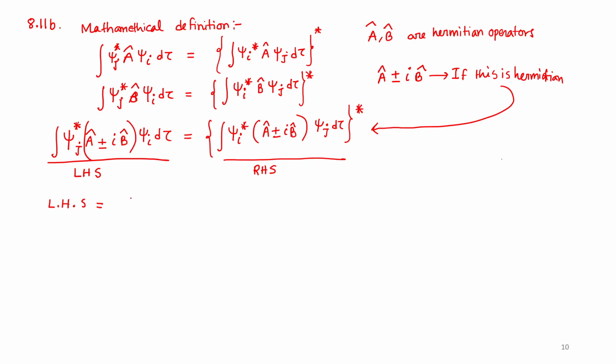This part is psi j star, and as the operators are linear we can break it into both parts: A psi i d tau plus minus psi j star, with i taken outside, B psi i d tau. Here i is iota, the square root of minus 1.